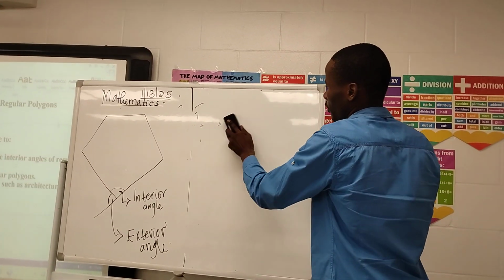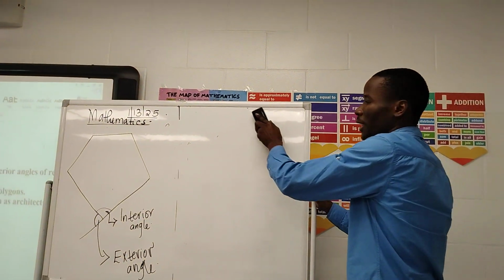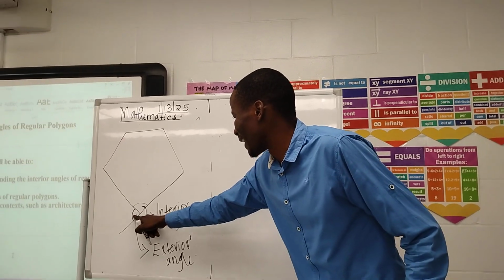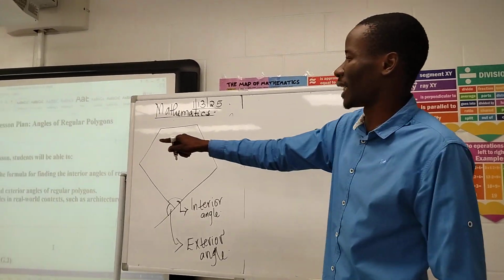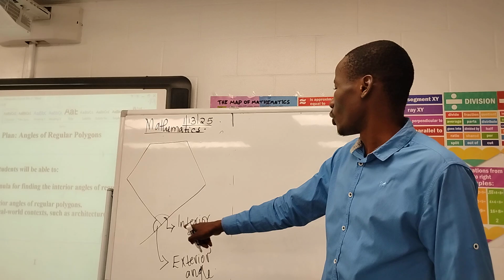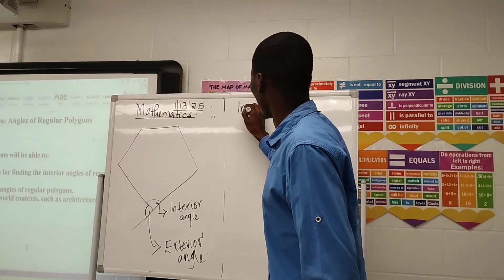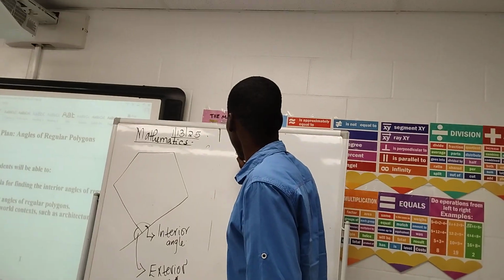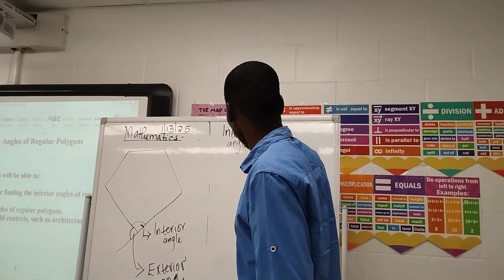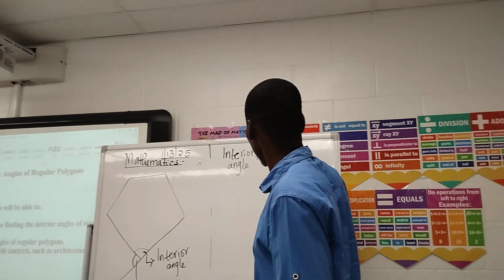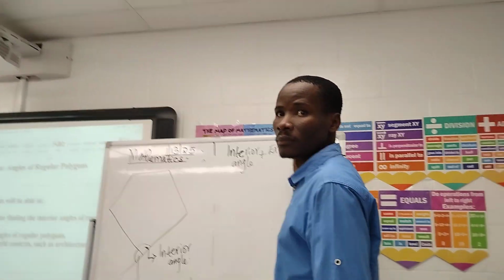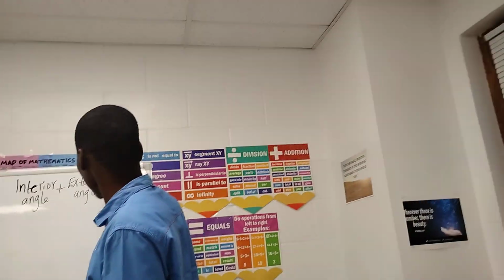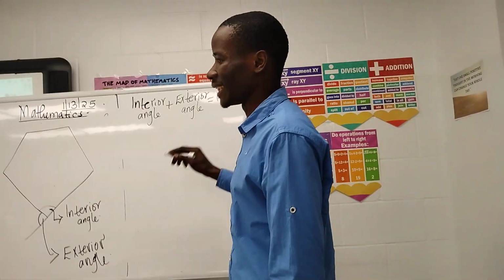Hello, let's pay attention. Look here. For example, this interior angle and exterior angle, when I add them, remember we are looking at the second objective. What happens? Interior angle plus exterior angle is equal to 180 degrees.